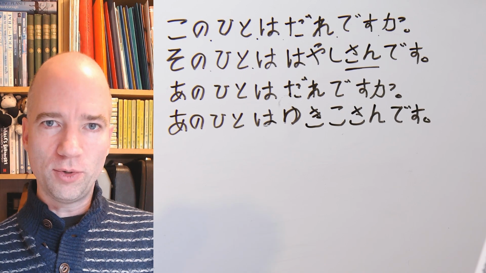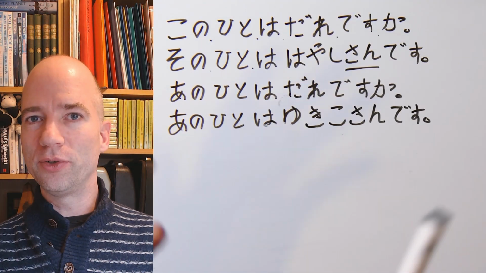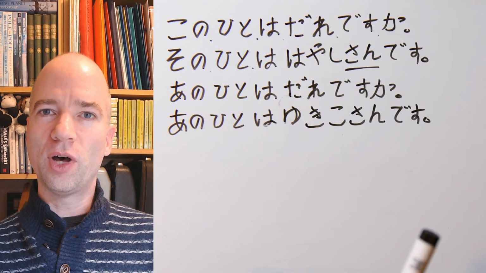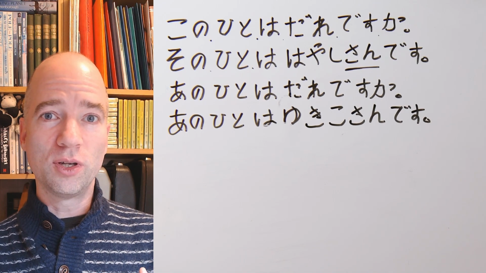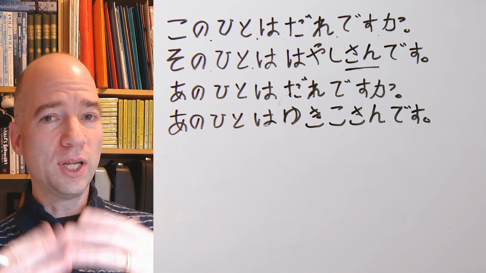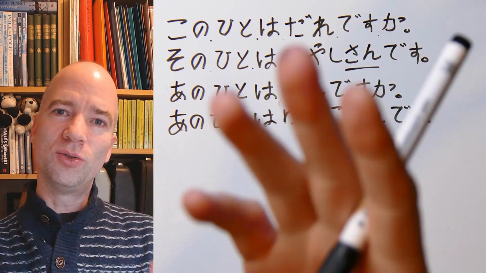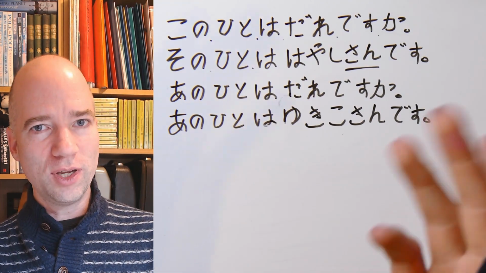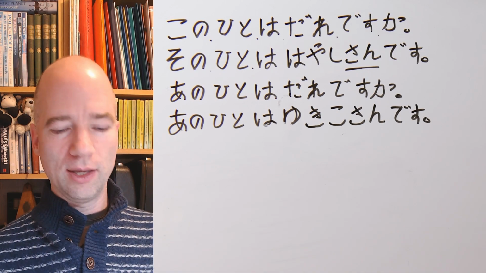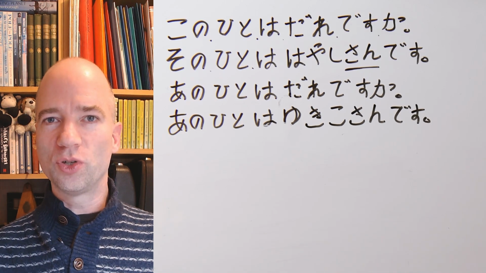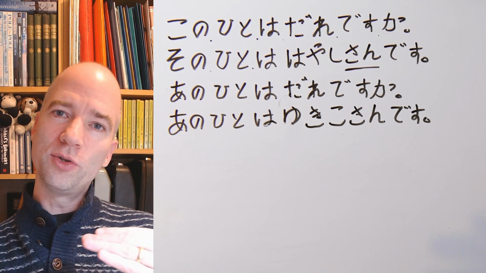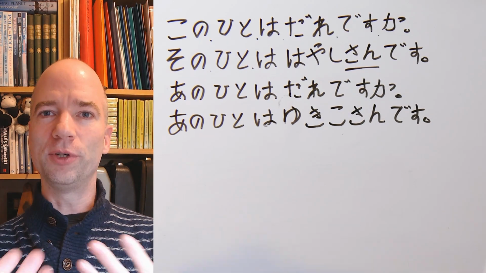If you're talking to someone who's a friend on the same level, you use one set. If you are a customer talking to somebody in the shop, that might be different. If you are a waiter talking to the person you're serving, you might use a different way of talking. So it depends. Is the person you're talking to, is he above you or below you in status, or is it the same level?